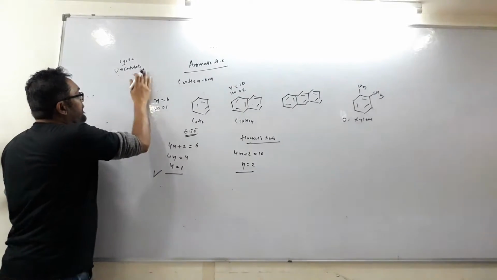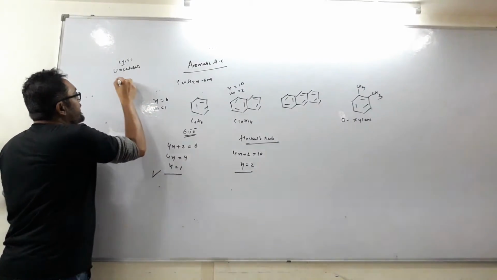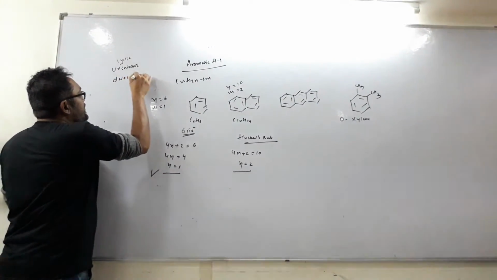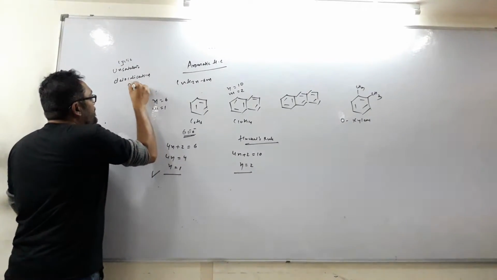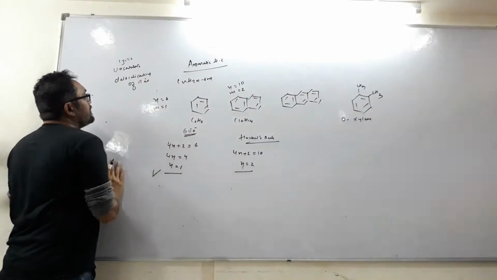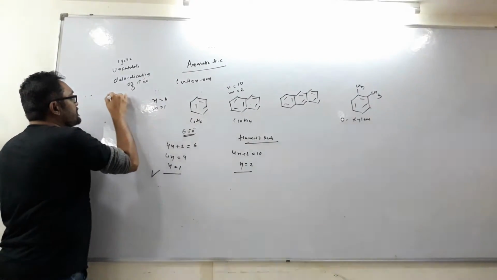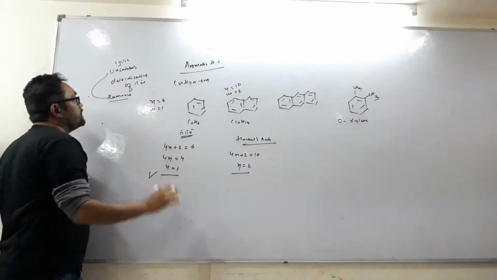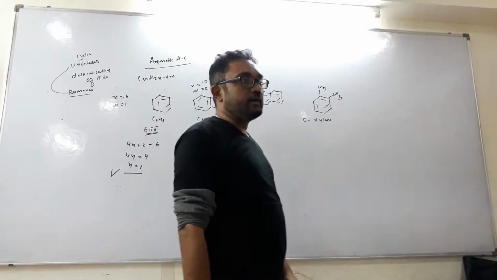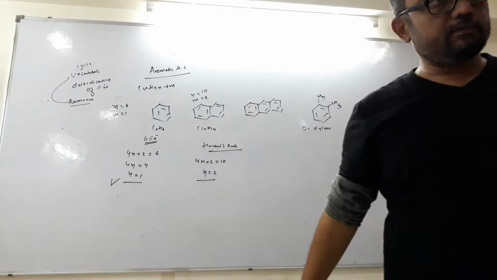Now these unsaturated pi electrons are in a delocalization. So there is a delocalization in aromatic compounds, a delocalization of pi electrons, which is resonance. So there is resonance in the aromatic compound. The pi electrons are in a continuous delocalization.